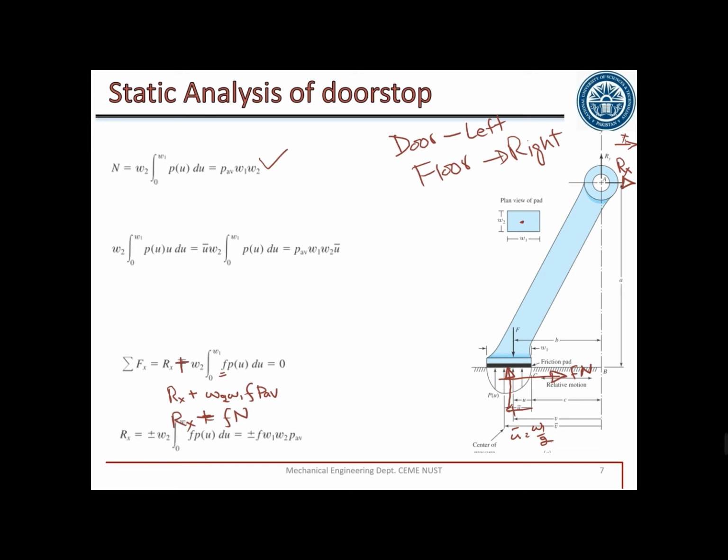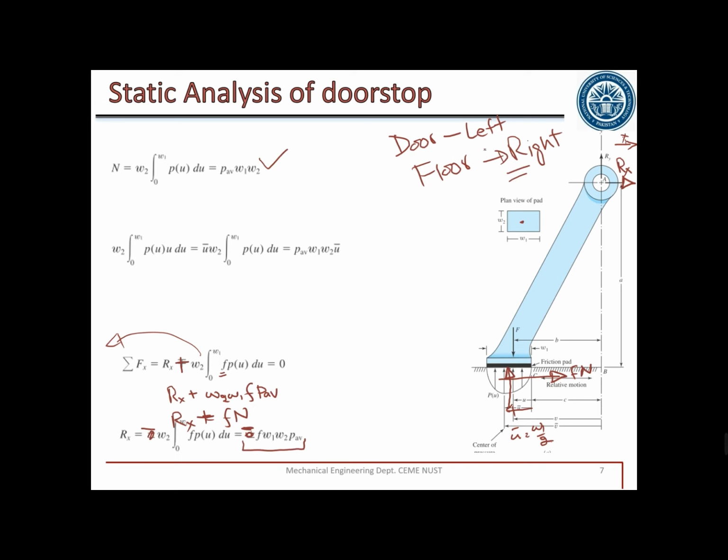Modifying this equation, keeping Rx here and moving this to the other side, you will get minus here, and similarly minus here. So minus F W1 W2 into P average. You have to keep in mind where to use plus and where to use minus. I am solving for a right floor motion.